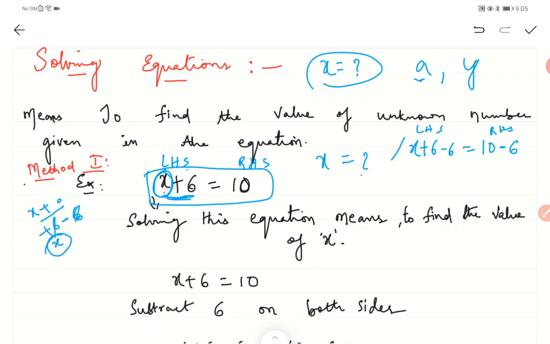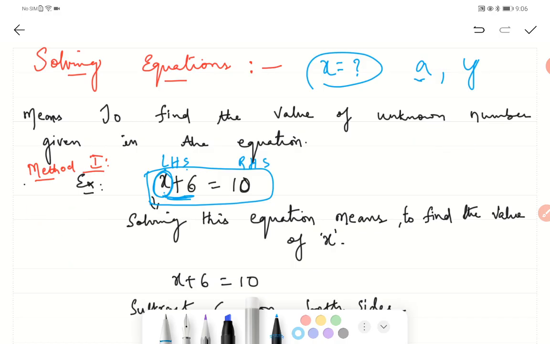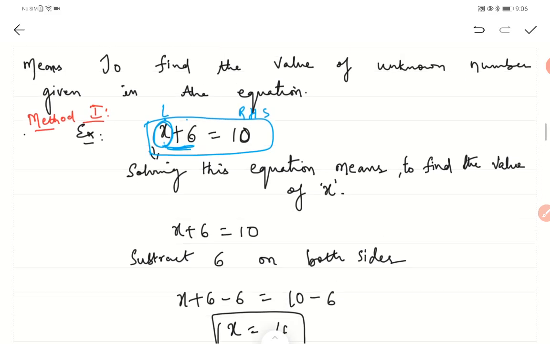So what we can write is, to solve this or to find the value of x, first we are subtracting 6 on both the sides. So subtracting 6 on both the sides, what will happen?